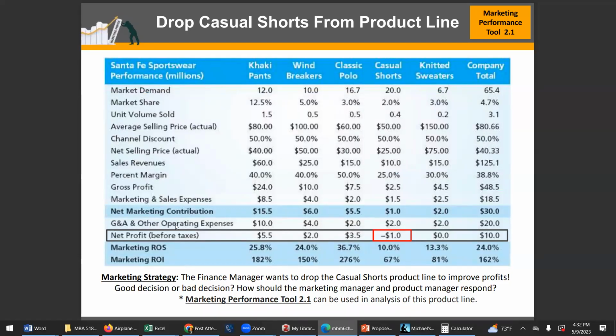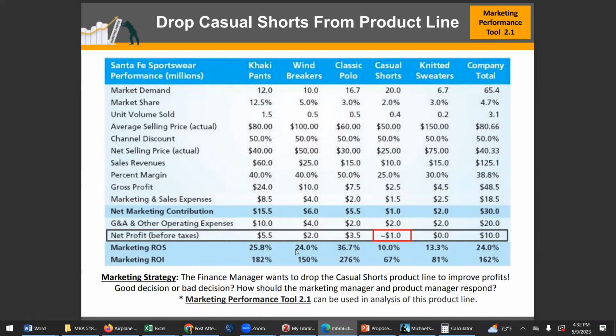However, if we look at marketing return on sales and marketing ROI broken out across these 5 product categories, what we would see is that, of course, our marketing ROI is higher in the other product lines other than casual shorts. Again, the spotlight is on casual shorts.